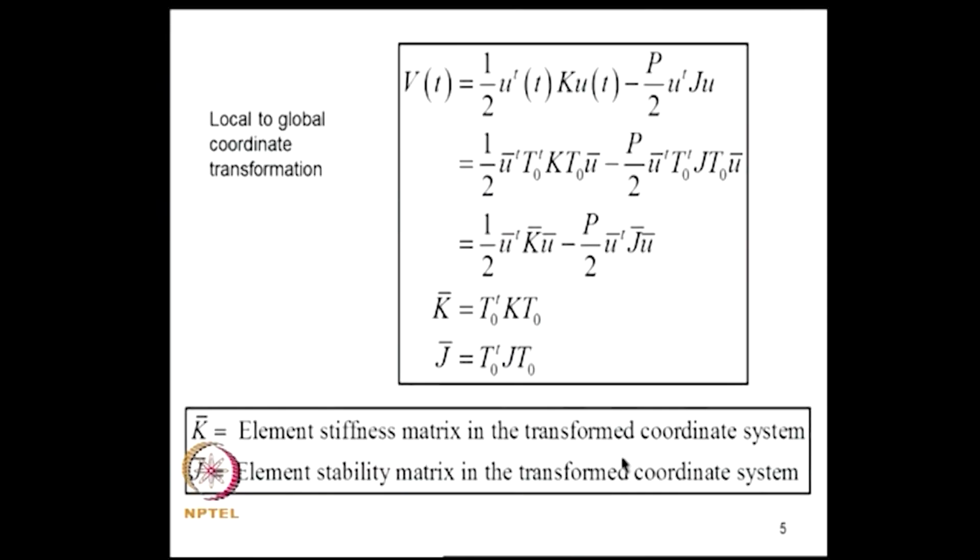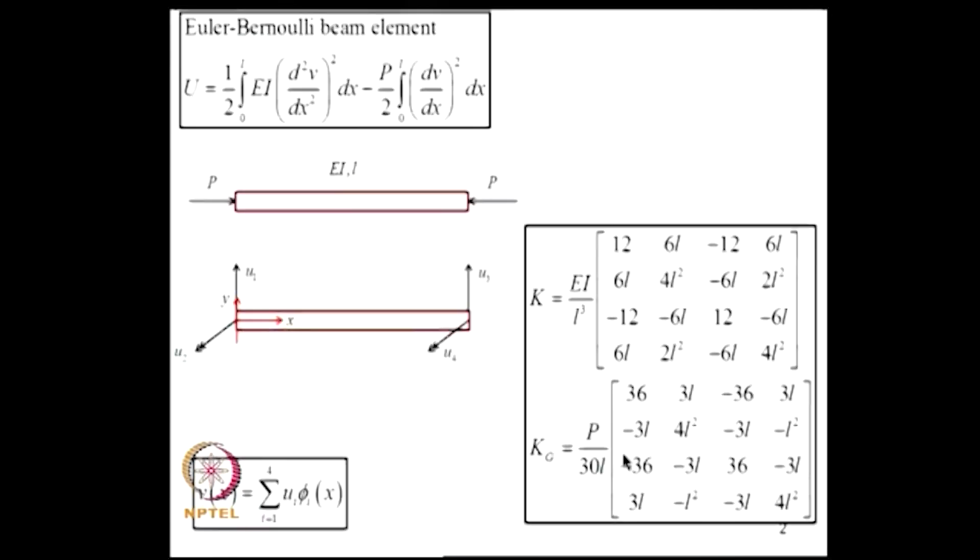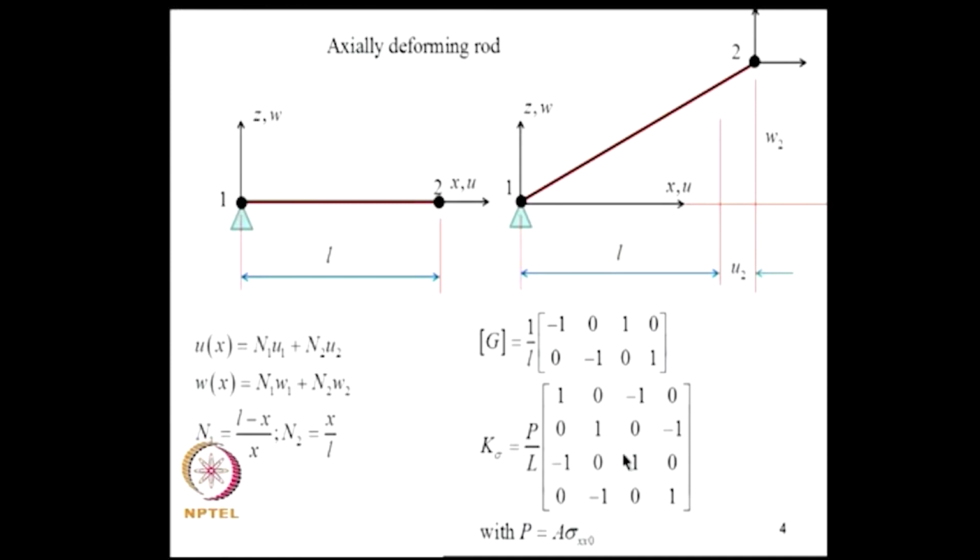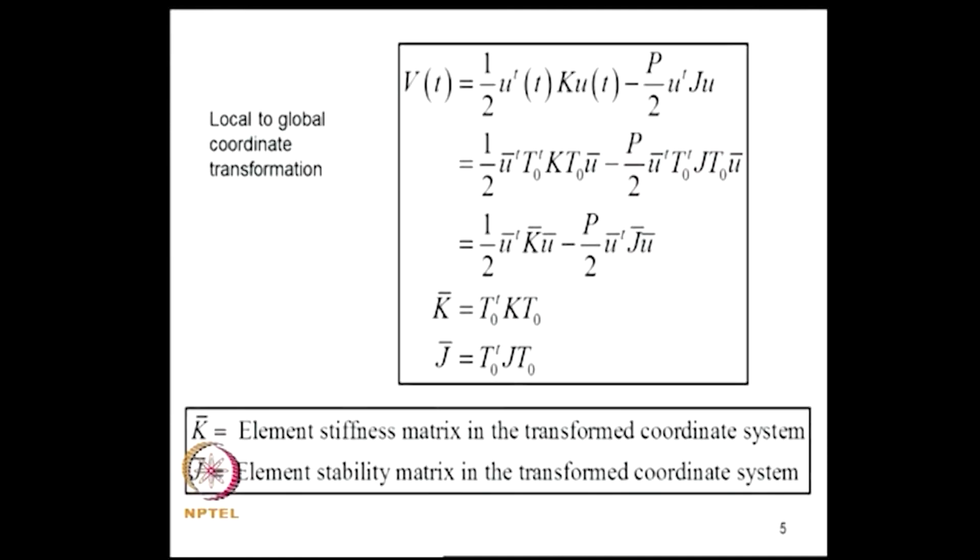Using this and combining with the geometric stiffness matrix that we derived for the Euler-Bernoulli beam, we formulated the 2-dimensional beam element. To analyze frames we need to transform them from local to global coordinate systems, and the rules for that follow what we did when we were discussing vibration analysis, and that we recapitulated.